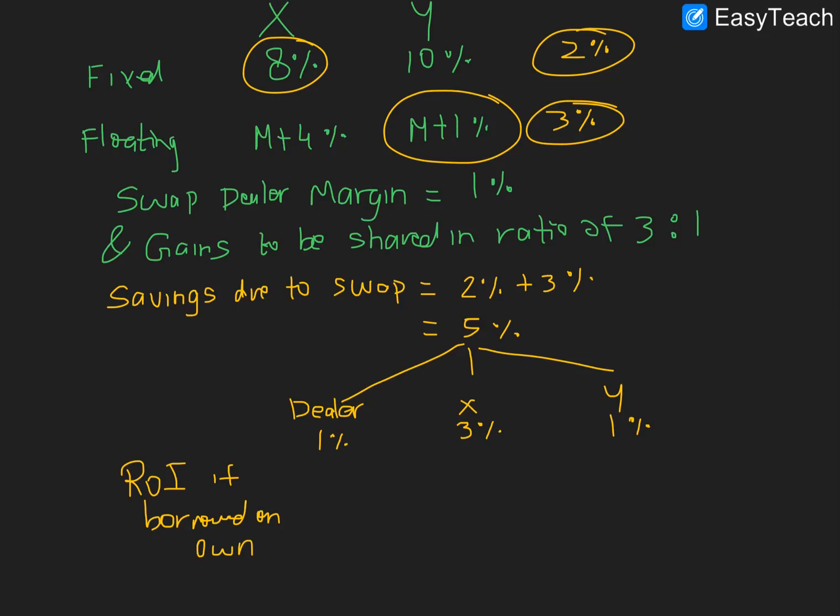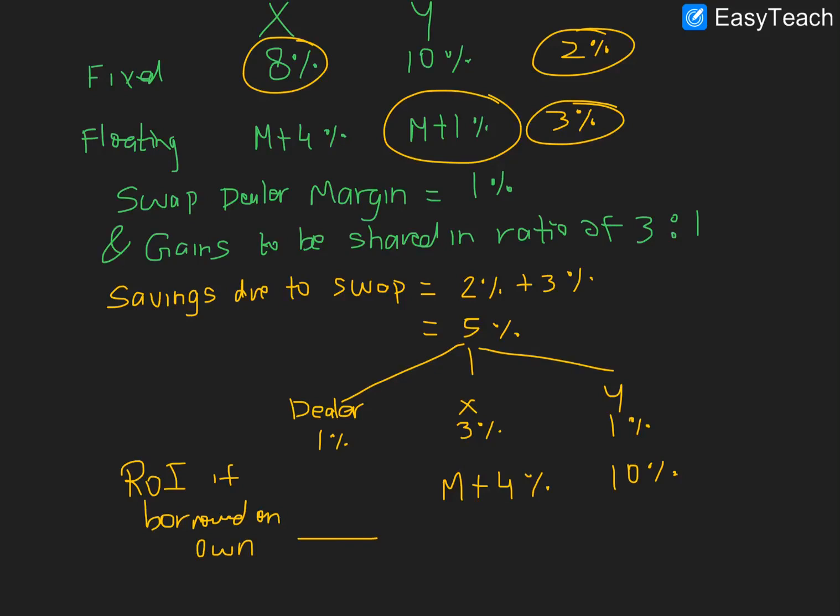So let's say this is the rate of borrowing. Here this would have been M plus 4%, and for Y, if it would have borrowed at a fixed rate, that would have cost 10%.